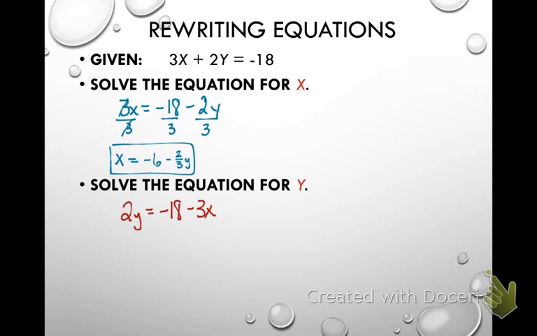Now what? Divide everything by 2. So y is equal to negative 9 minus 3/2 x.